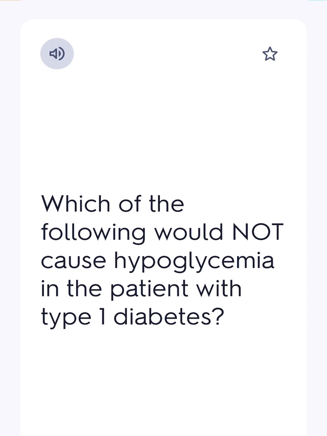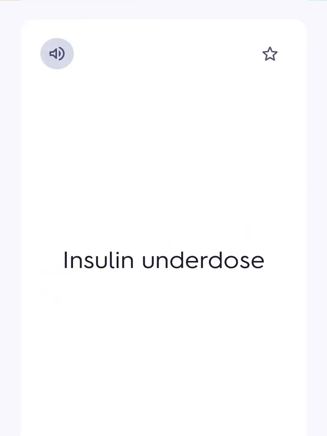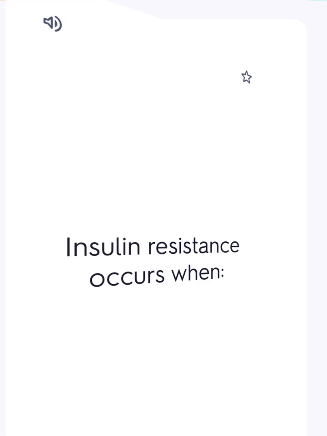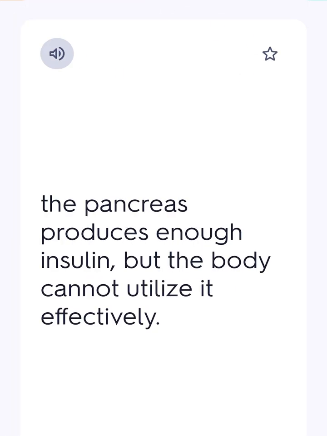Which of the following would not cause hypoglycemia in the patient with type 1 diabetes? Insulin underdose. Insulin resistance occurs when the pancreas produces enough insulin, but the body cannot utilize it effectively.